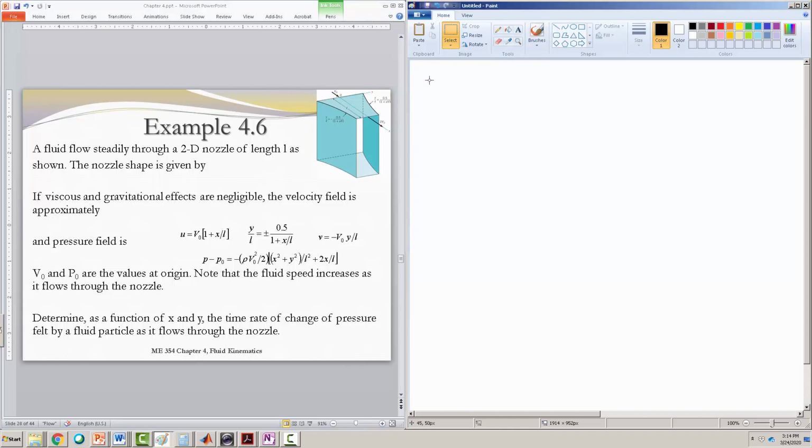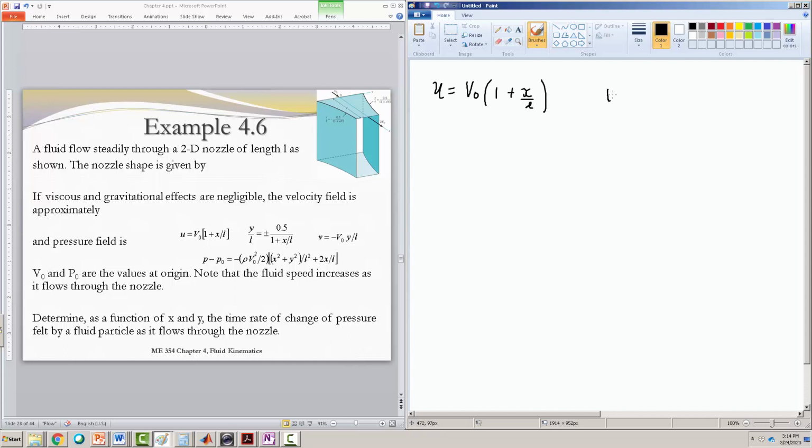So in this case, we know that the velocity field u is simply going to be V0 (1 + x/L).